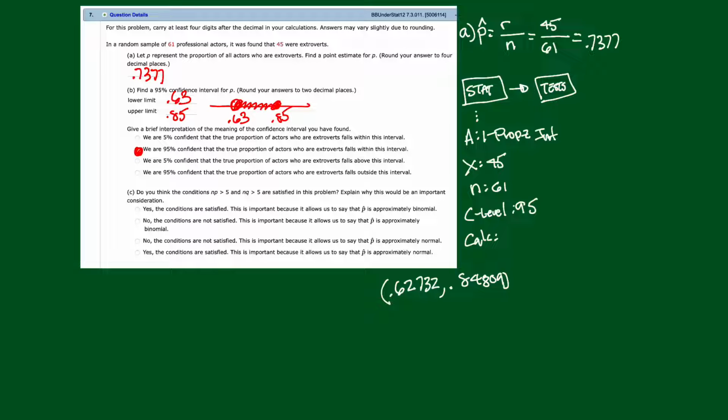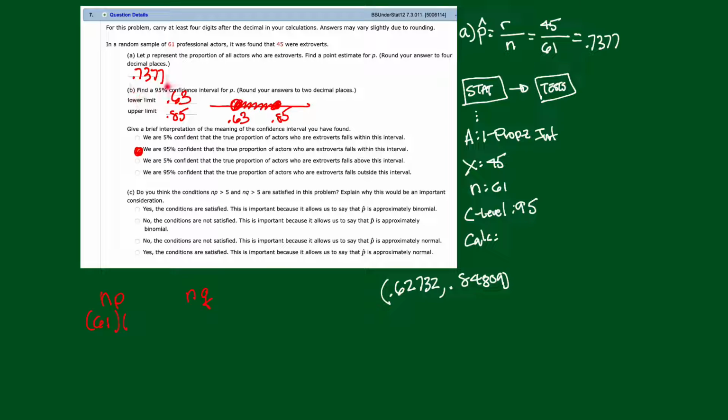And the last part, C, do you think the conditions NP greater than 5, NQ greater than 5 are satisfied in this problem? Well, let's test it. Well, what is NP and NQ? Well, N is 61. And P, the observed proportion, is, all right, that was all the way back at the very beginning.